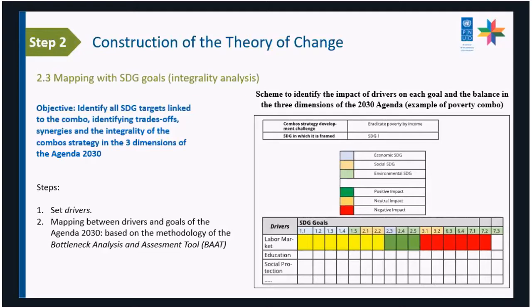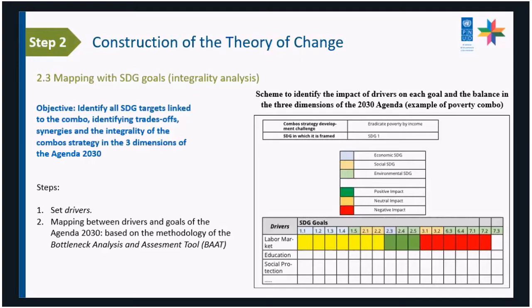So this methodology has been tested in the various MAPS missions that UNDP and other UN agencies have been engaging in, using MAPS as a way to support countries to implement the SDG agenda.